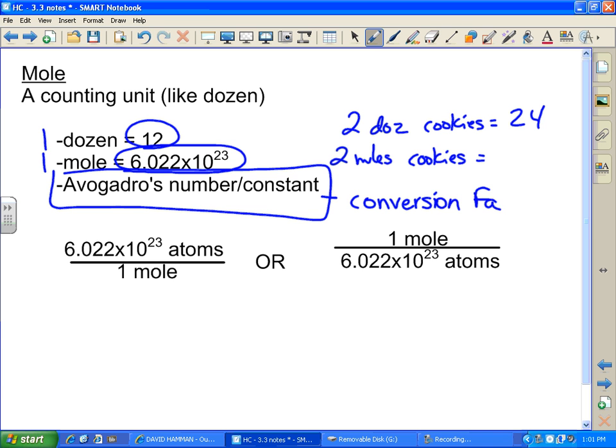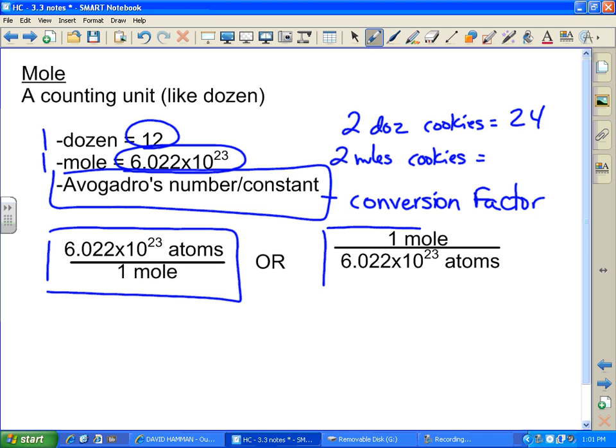Now, because of Avogadro's constant, what we basically have here is a conversion factor. This is our first real chemistry conversion factor in terms of chemistry concepts. It is one of 2 possible ways to relate moles to the number of atoms.